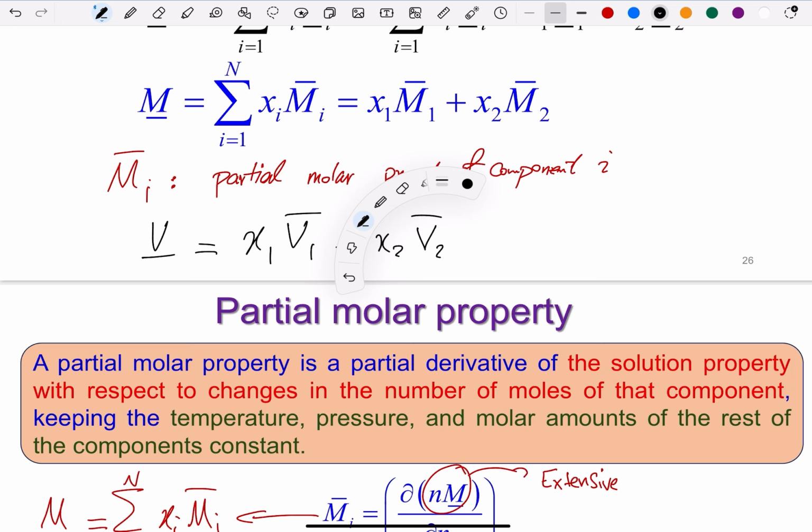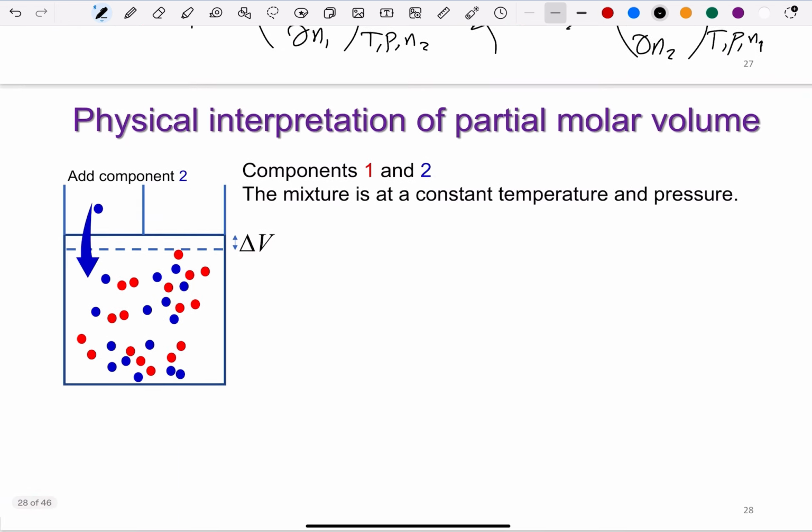So these are not the usual molar volumes you expect. You can think about it, in this example for the volume, as effective molar volumes when you mix things. Okay? So think about it.